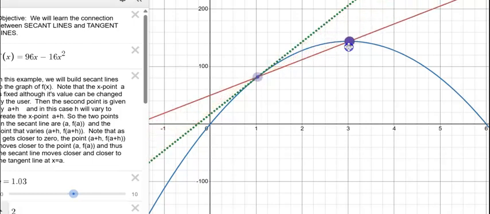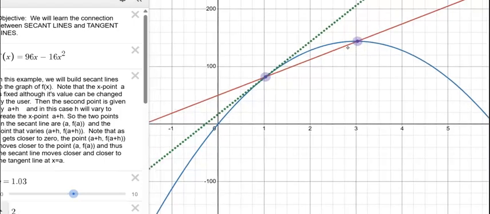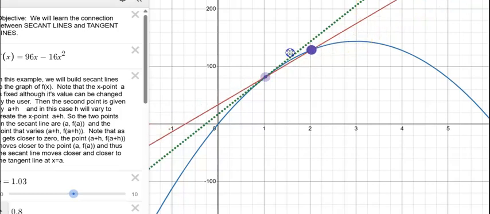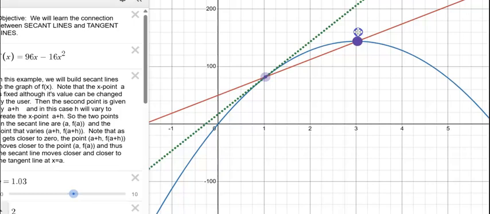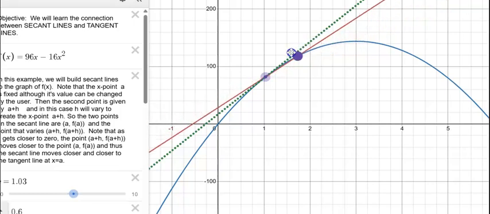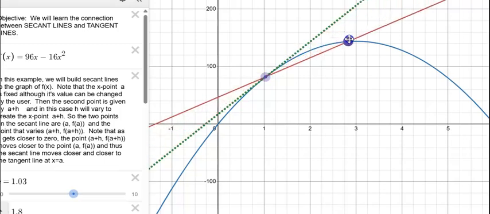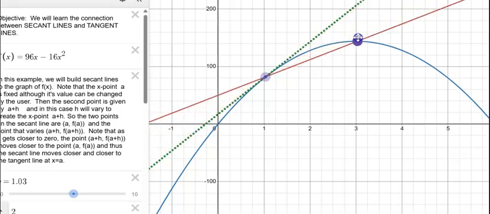The distance between the two x values. This distance right here is going to 0, or x is going to a. That's my first definition of derivative. x, which is right now at 3, is going to 1. That's a limit as x goes to 1, or as x goes to a. Okay, so that's my first definition.